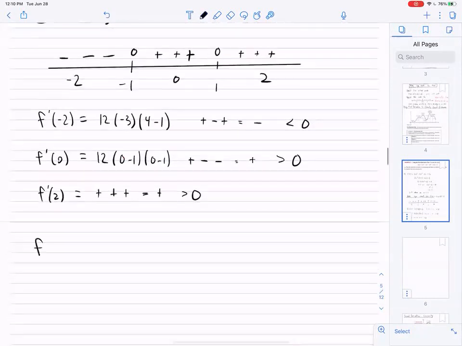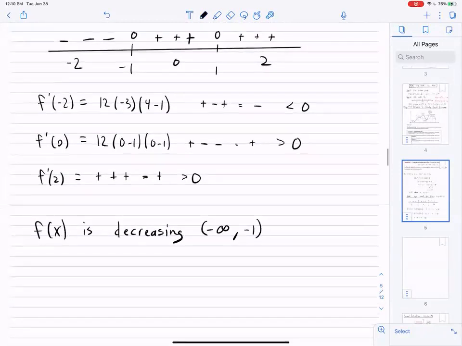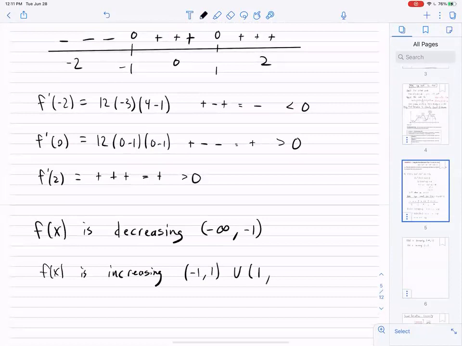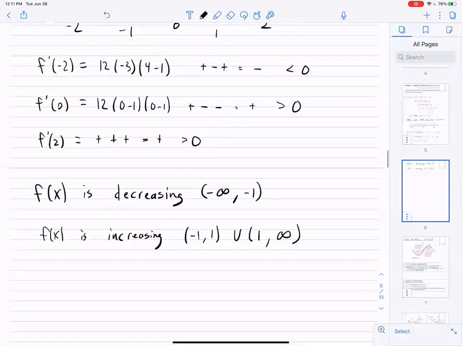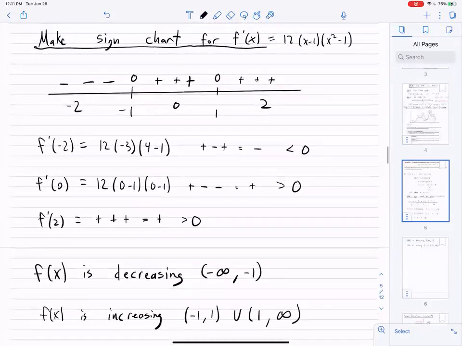And so that means f of x is decreasing on the interval -infinity to -1, and f of x is increasing on -1 to 1 union 1 to infinity, because it's not increasing at 1, since it's technically 0. And so how do we use this to classify? Well, it's going from negative to 0 to positive, and then it goes 0, positive.